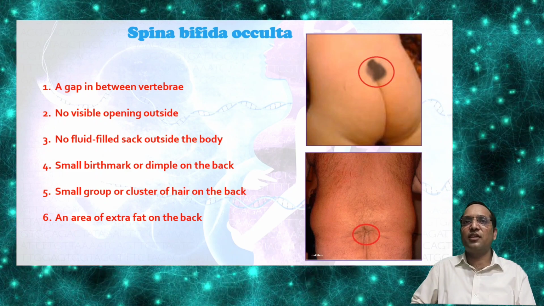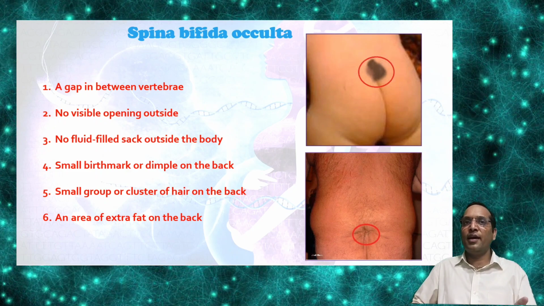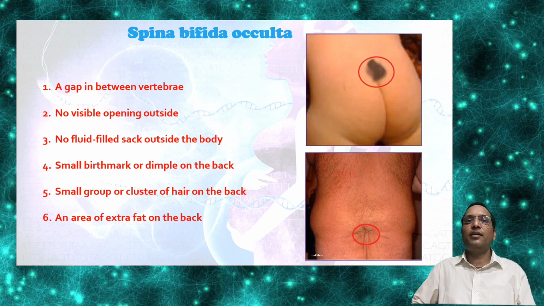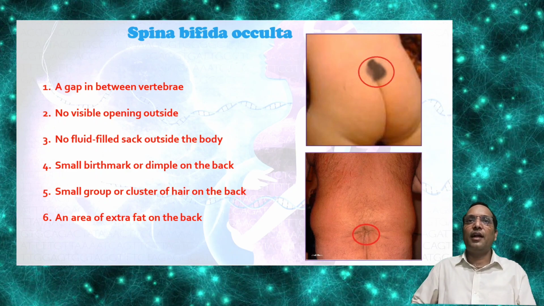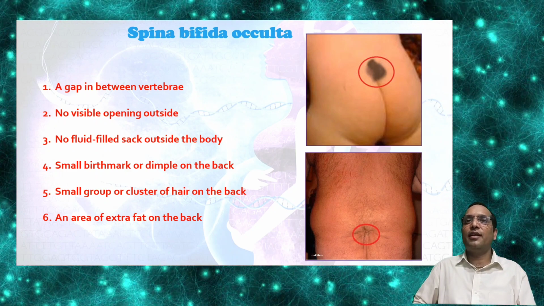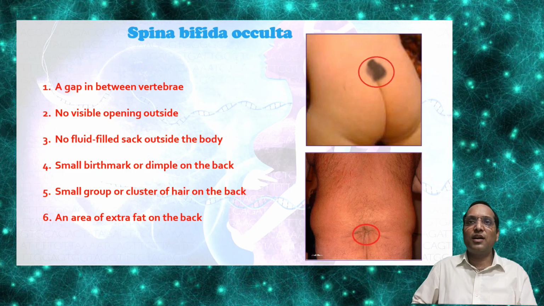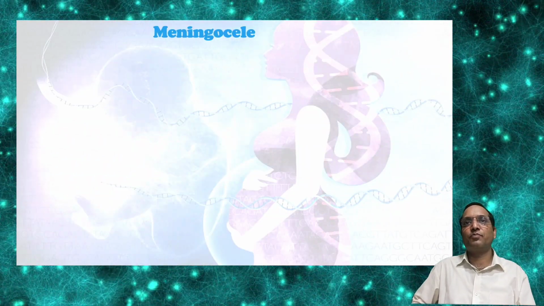You can see in this picture there is the dimple, or there may be a cluster or tuft of hair at the back, and an area of fat may be found at the back. Due to this there may be difficulty in diagnosis of spina bifida occulta, and it may be found later in life, and it may be without symptoms.